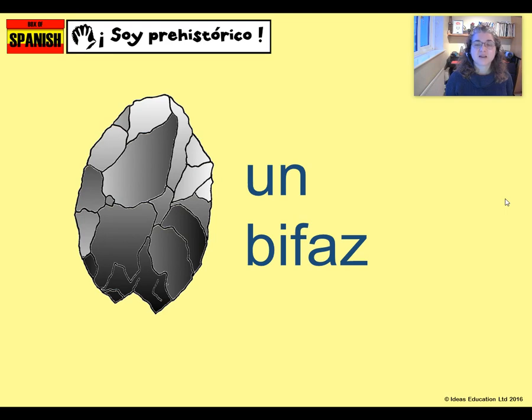So a bifaz is a two-face, a two-sided tool. And this would have been made out of a stone called flint, and they used to get a hard stone and knock the flint, and as you knock the flint with a harder stone, flakes of it fall off, and it leaves a very sharp edge that you can see here.